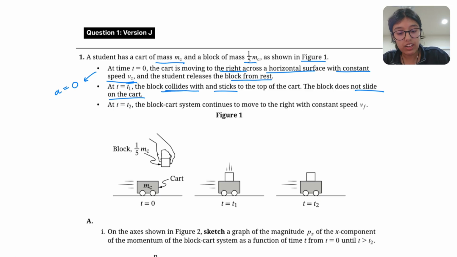We see that it collides with, and whenever I see collides with, I automatically think, okay, this is a momentum problem. And it's really good to understand what type of problem you're working with so you know what type of formulas to apply. So automatically, I know that this is going to be something with momentum. I'm just making a few notes on the side. Momentum, and this other word, sticks. I know that when 2 objects collide with each other and they stick to one another, that is a perfectly inelastic collision.